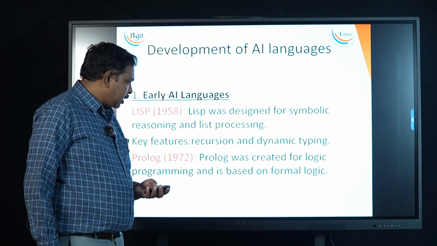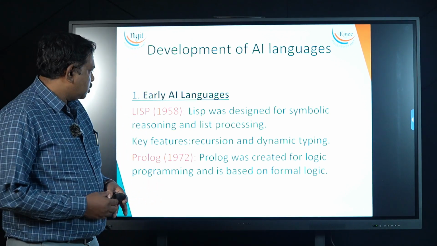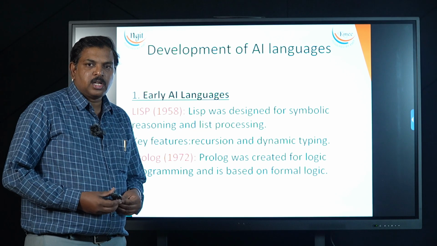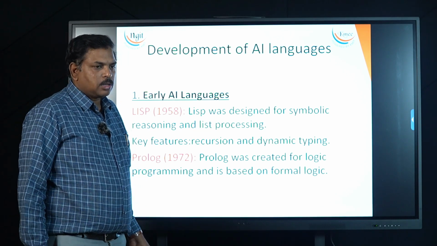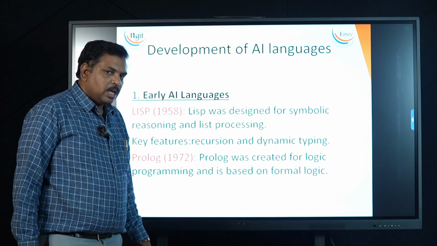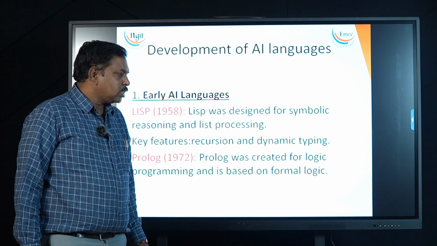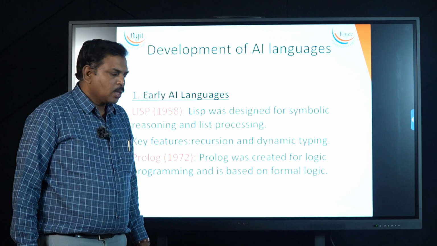After Lisp, in 1972, Prolog was introduced. In the early days it was considered a good AI language, based on a formal language. Formal language means the instructions and logic we represent in Prolog are based on facts and rules.